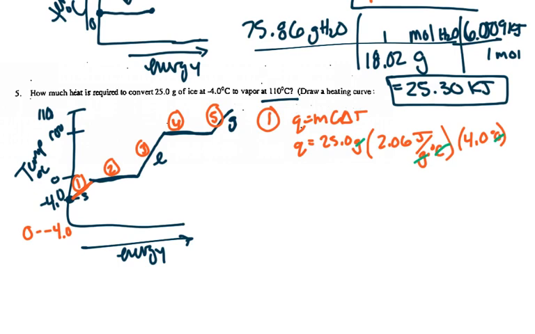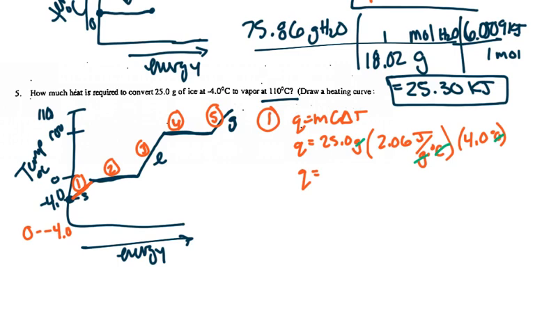If I just multiply straight across, I will get my heat in joules. All right, so my answer is 206. When I multiply all those together, did I put that into the calculator right? Yeah, okay. My answer is 206.